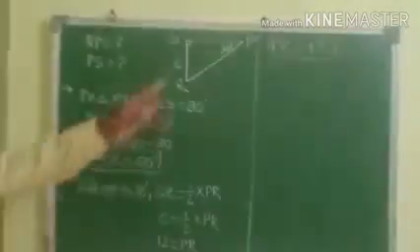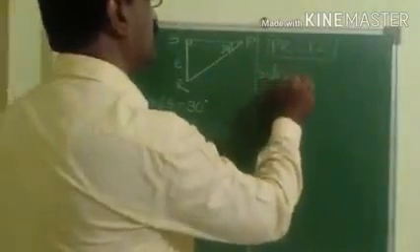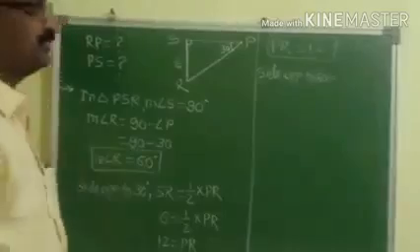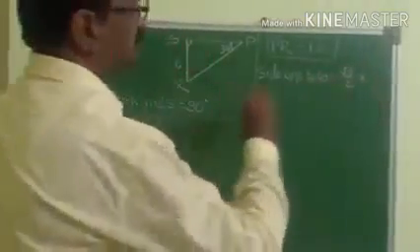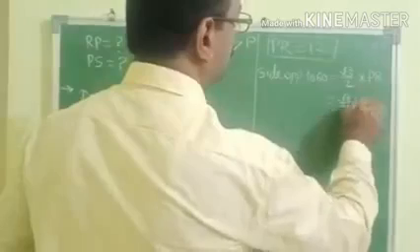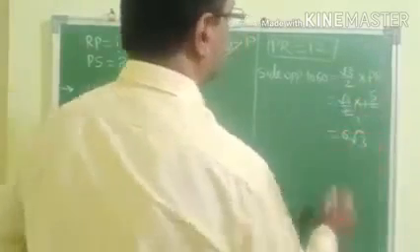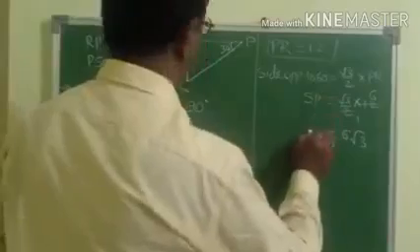Now the side opposite to 60 degrees is root 3 by 2 times the hypotenuse, which is PR. So root 3 by 2, PR is 12, 2 sixes are 12, so 6 root 3, which is the side opposite to 60 degrees, SP or PS.